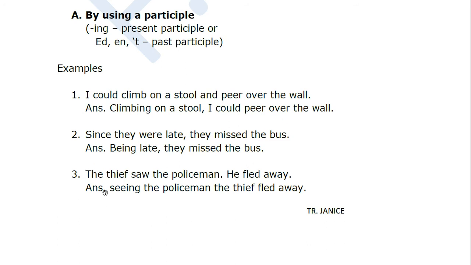Okay. There is a mistake here. This S should be in capital. So saw becomes seeing. Seeing whom? Seeing the policeman, the thief ran away. So see what I did? I changed this finite verb into ing, the present participle, and here this remained the same.